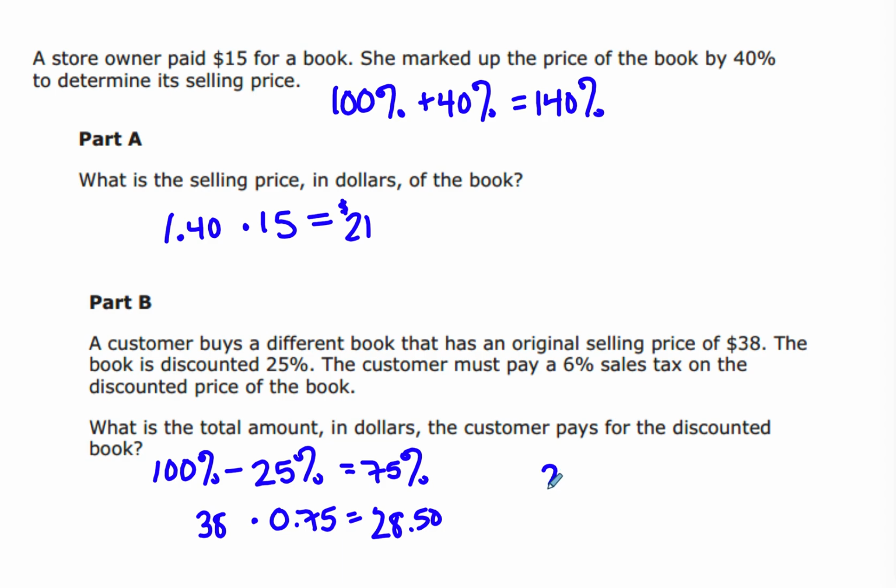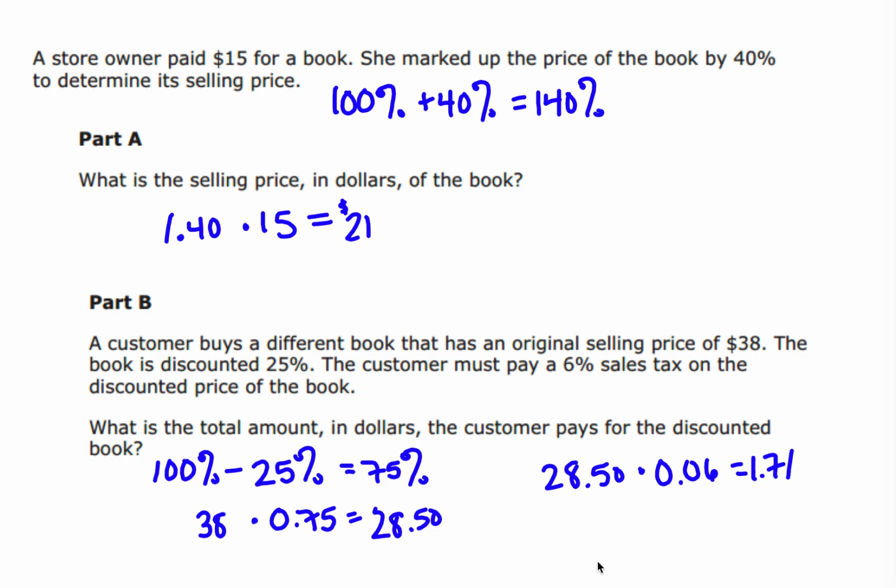So for the sales tax now, I'm going to do my $28.50, and I'm going to multiply times my sales tax here, which is 0.06. Okay, $1.71. So that's the tax.